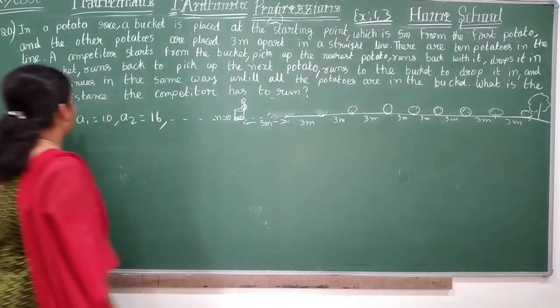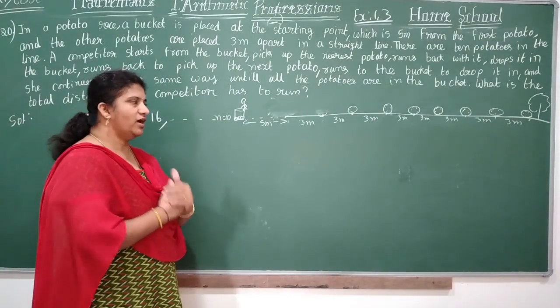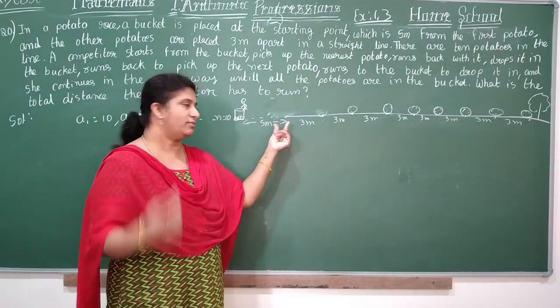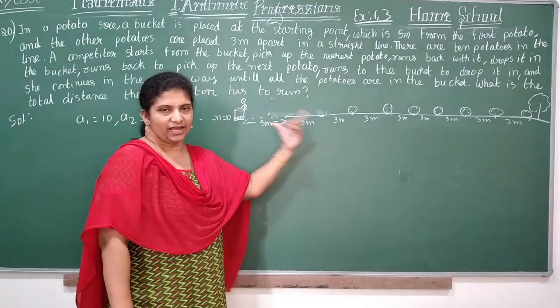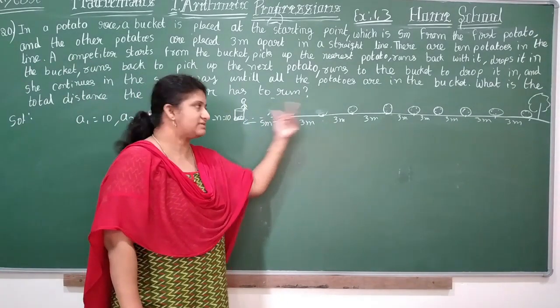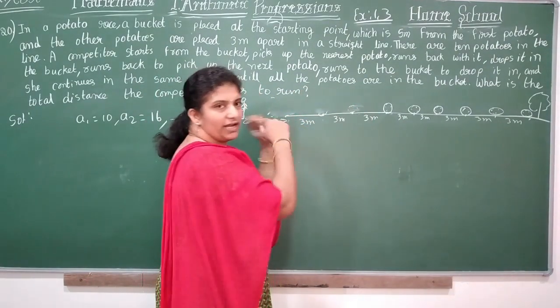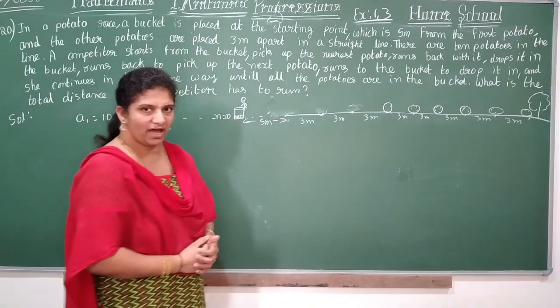What is the total distance the competitor has to run? So here first she goes to the first potato. How much distance has she run here? 10 meters. Next, 8 plus 8, 16. Next, she goes on picking all the potatoes, coming back and throwing them in the basket.